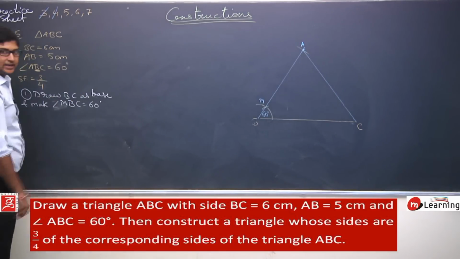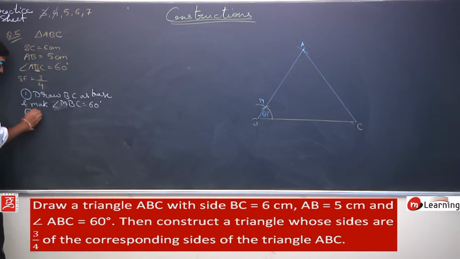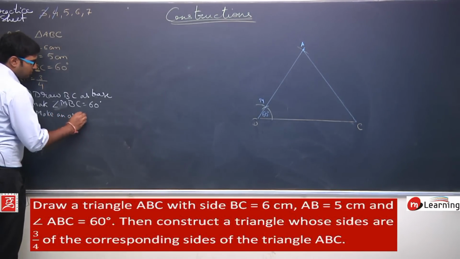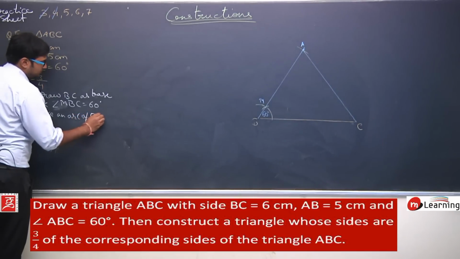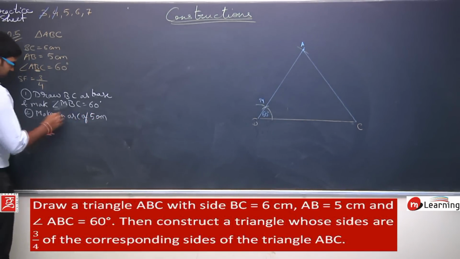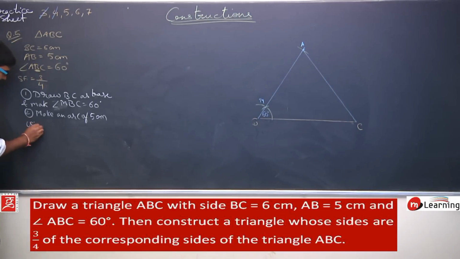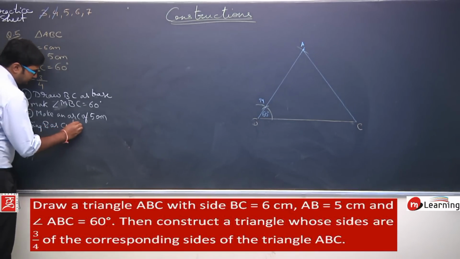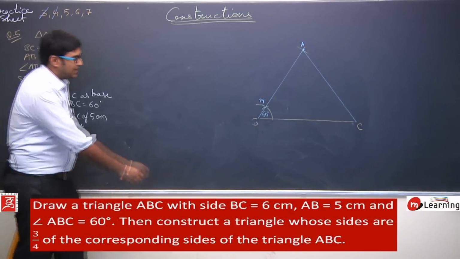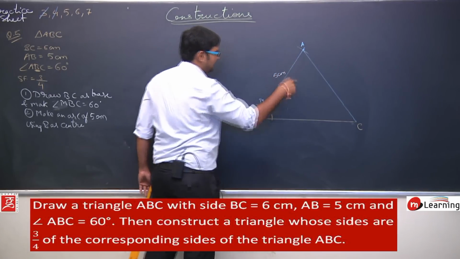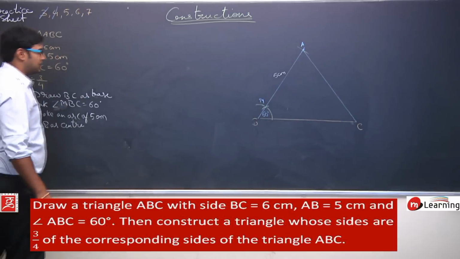After making the 60 degrees, second step is make an arc of 5 centimeters using B as center. So this will give you point A, and triangle ABC is the required triangle.